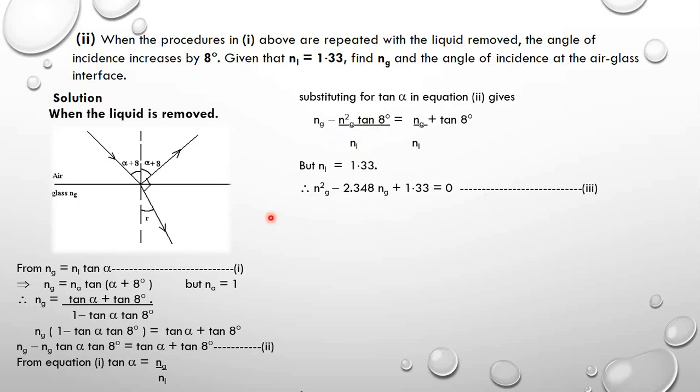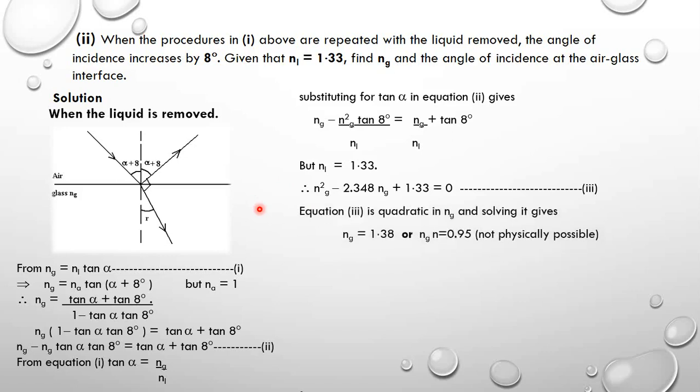So if you get that quadratic equation, we shall solve it using a calculator or using a formula. But since we are just applying, we shall use a calculator, and then we shall get Ng as 1.38 or 0.95. But we know that the refractive index of glass is greater than 1, so this one will not be possible.